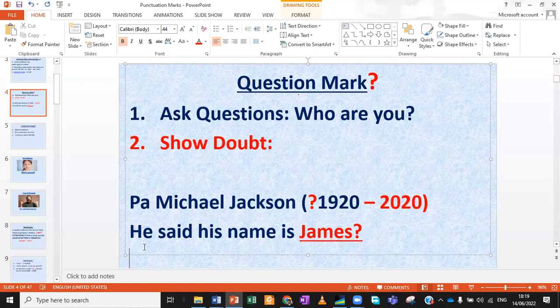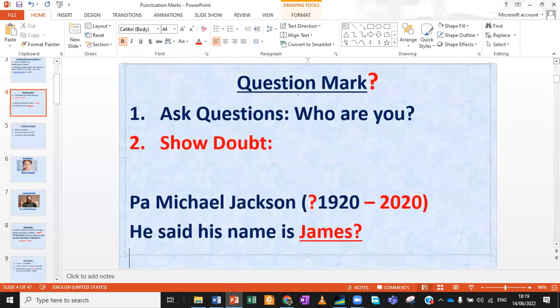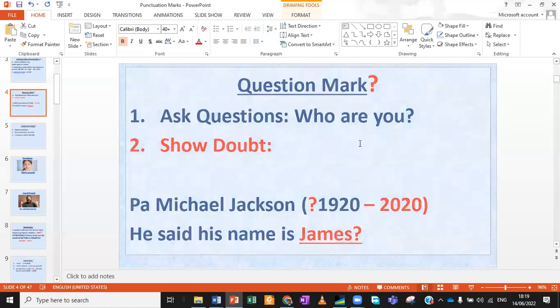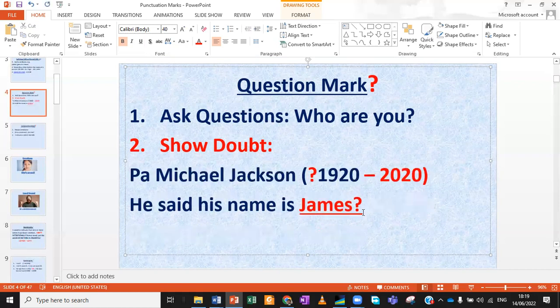Now, when writing your statement, if you say he said his name is James, question mark, it shows that you are not sure, because the ID card says John. So just note that the question mark is used to ask questions and to show doubt, when you are not sure.